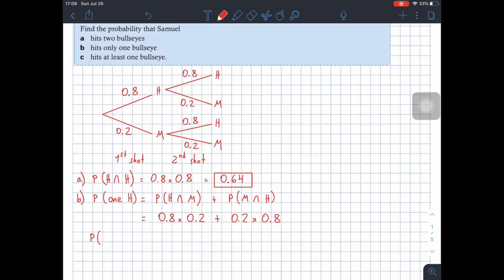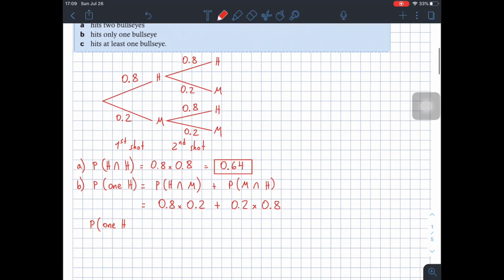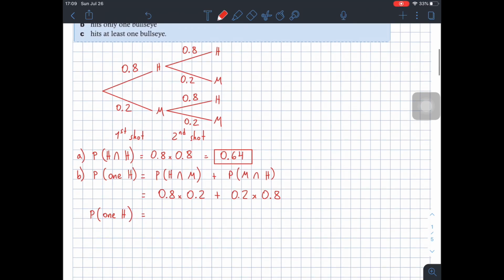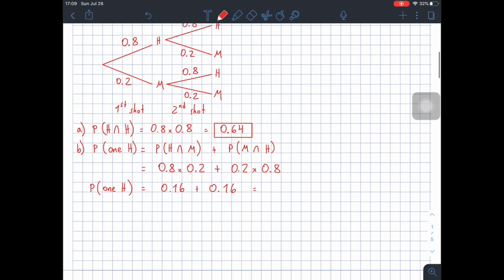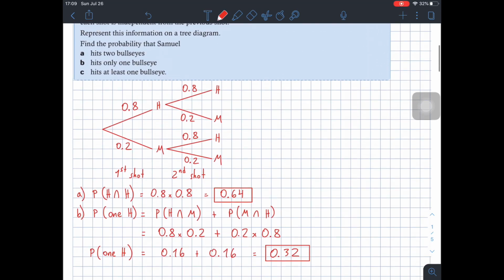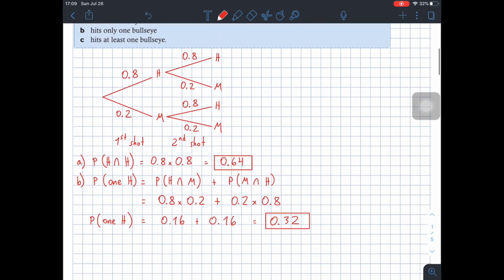So the probability of one hit would be equal to, if we try to do without a calculator, 0.16 plus 0.16, and this is equal to 0.32. This is the probability of hitting 1 time, only 1 bullseye.